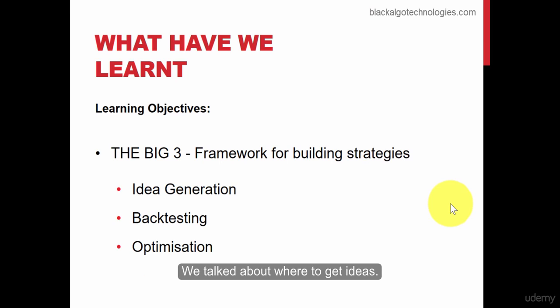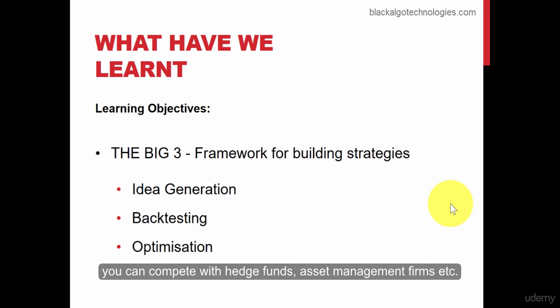We talked about where to get ideas, how to validate our ideas, how to filter and vet through them, and identify those with potential. And we looked at how, as a retail trader, you can compete with the big boys, hedge funds, asset management firms, etc.